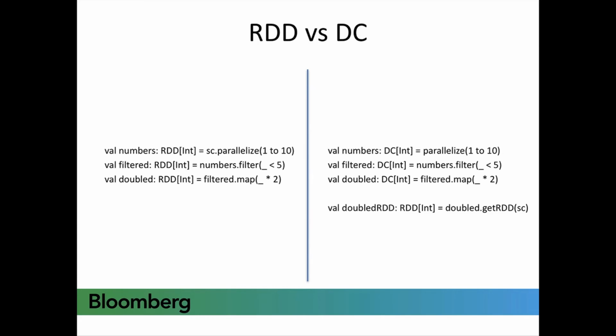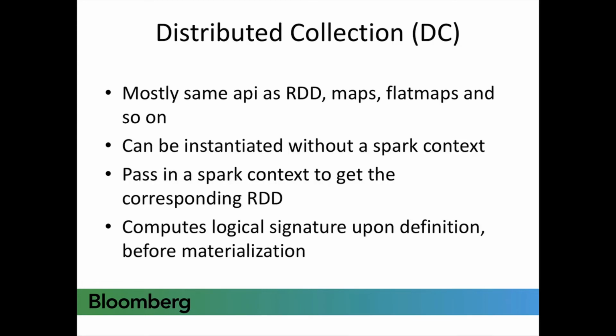When you said you built the distributed collection on top of a data set, in RDD. No, I mean a data set. But the API is similar. I can definitely tell you more after. Basically, the API is very similar between data sets and RDDs, but not completely. Anything you can call on an RDD and anything you can call on a data set, you can call on a DC.